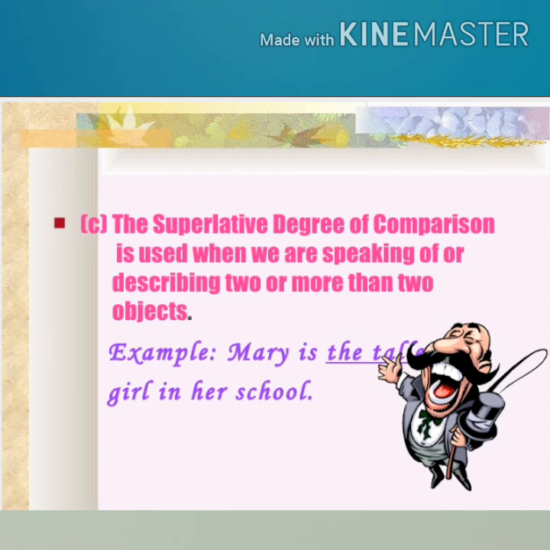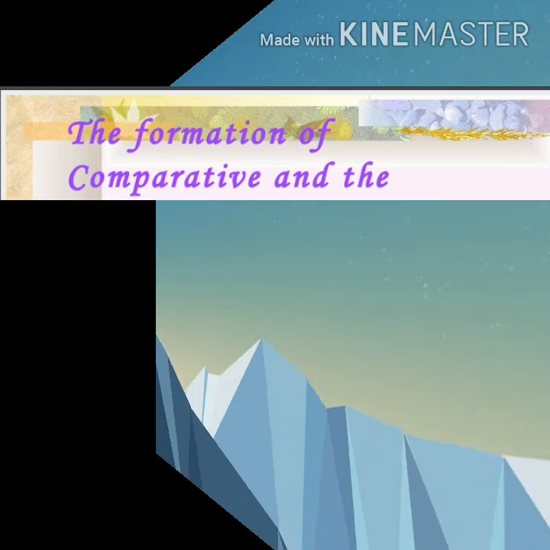Now let's see point number 3. The superlative degree of comparison is used when we are speaking of or describing two or more than two objects. For example, Mary is the tallest girl in her school. Here, only Mary is the tallest girl in her school.